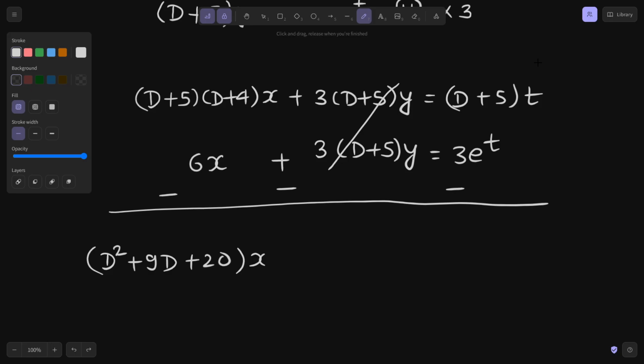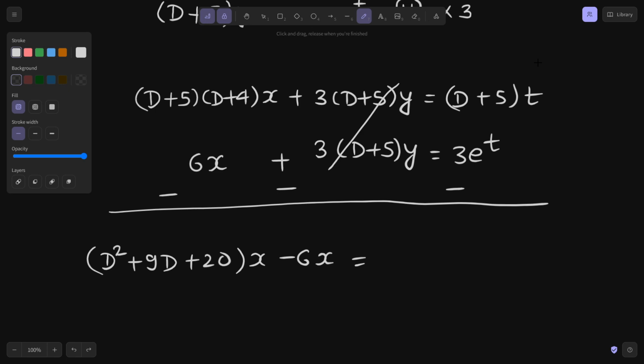And what else do I have in LHS? I have minus 6x. In RHS, I have D plus 5 operating on t.